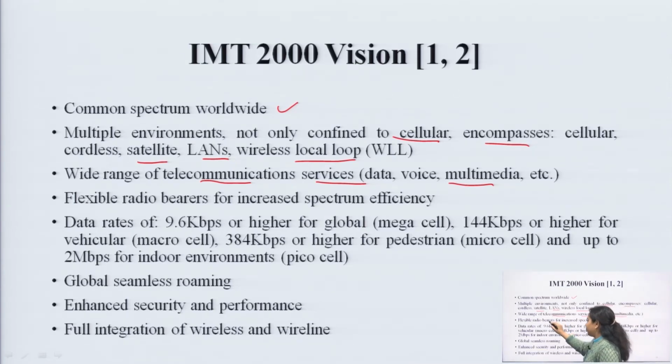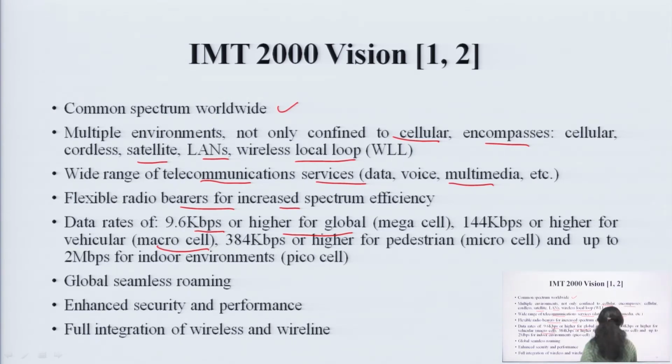Then it provides flexible radio bearers for increased spectrum efficiency, a data rate of 9.6 kbps or higher for global communication for the mega cell, then 144 kbps or higher for vehicular, that is the macro cell. So, you can see that a particular cell will be divided because its size is variable in nature.